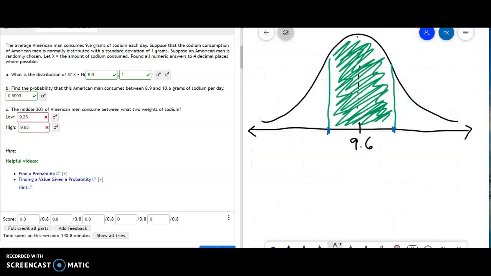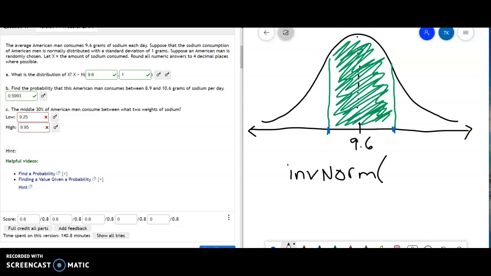Okay, now how do we do that? Again, if you're told to find the data value given a percent, we use inverse norm. For inverse norm, you need to give it 3 values. Depending on the version of the calculator you have, it may or may not prompt you for these specific 3 values, and I'll show you in a second. The first value is the area to the left under the curve of the number you're looking for.